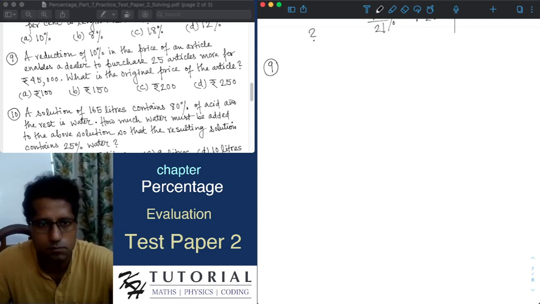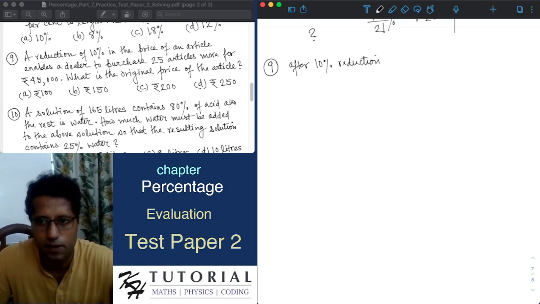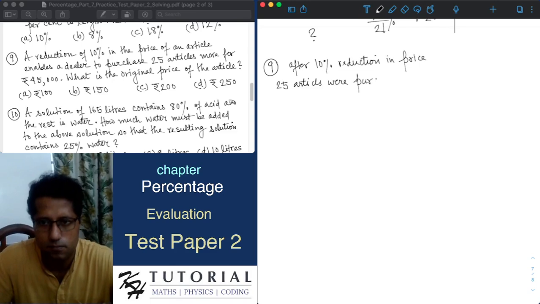So after the 10% reduction in price, it is saying that 25 articles were purchased for rupees 45,000.